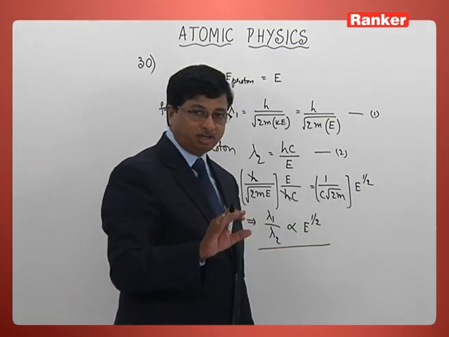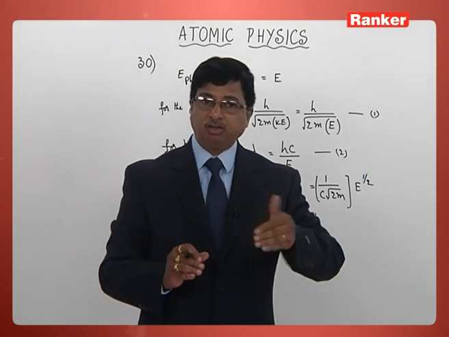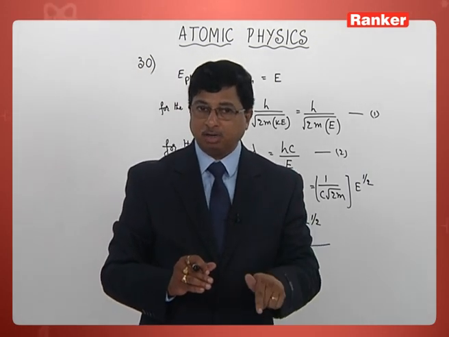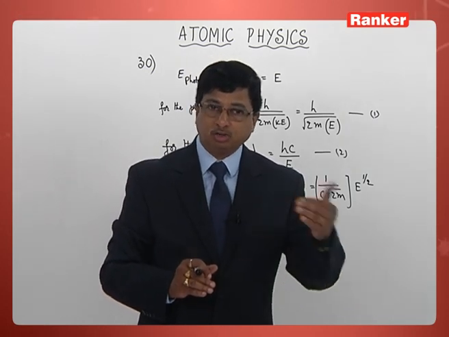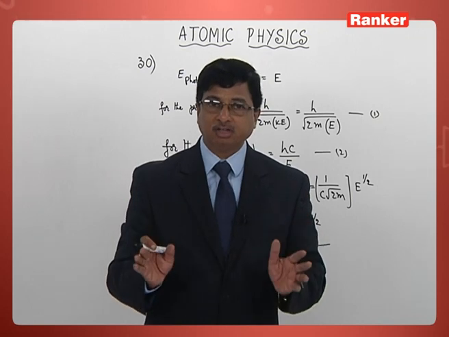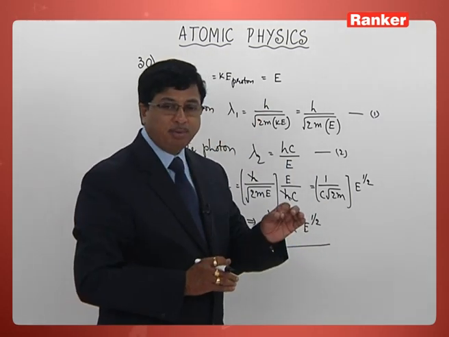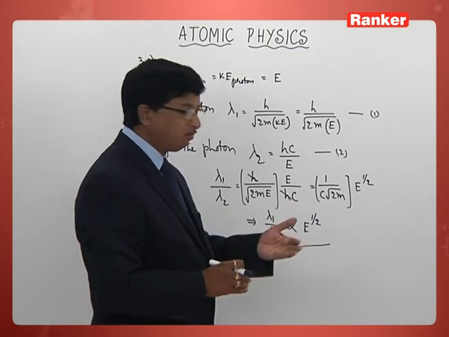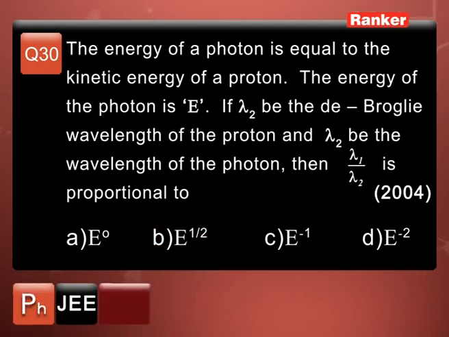But he is not asking you that way. He is simply asking you how the energy is related to this lambda 1 by lambda 2, in what manner lambda 1 by lambda 2 is proportional to that energy. Therefore, it should be proportional to E power half. E power half, according to the 4 options given to us, is the second option for us.